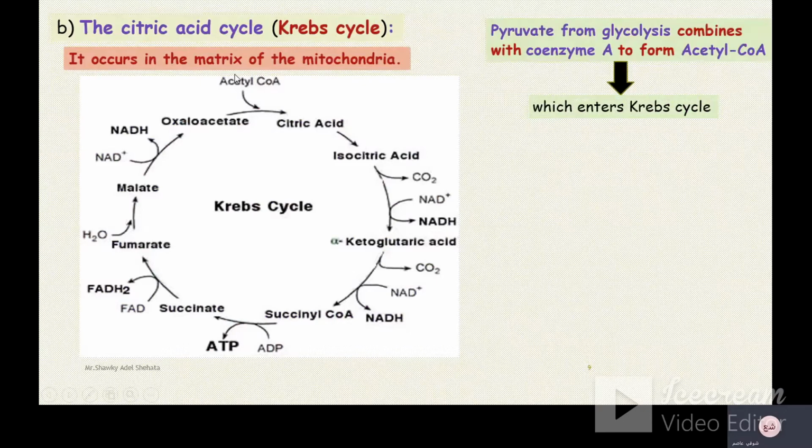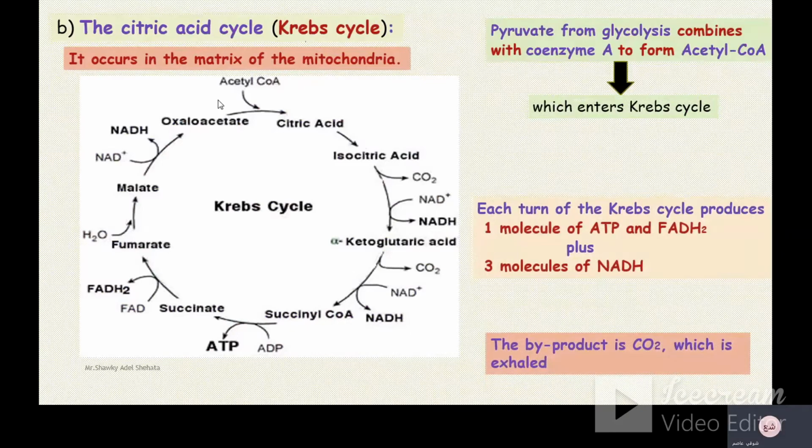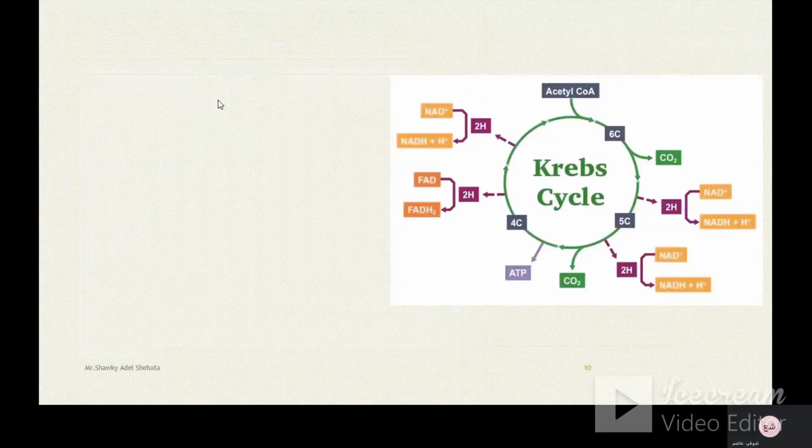The acetyl coenzyme A, after it's produced, enters the Krebs cycle. As you see here, each turn of the Krebs cycle produces one molecule of ATP and FADH2 plus 3 molecules of NADH. We'll find the byproduct is carbon dioxide, which is released in the exhalation process.